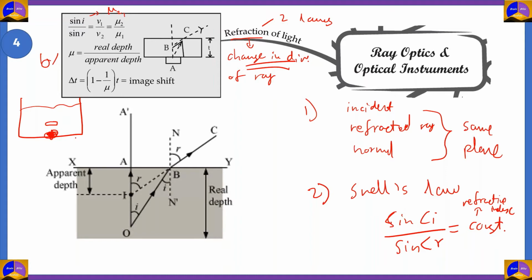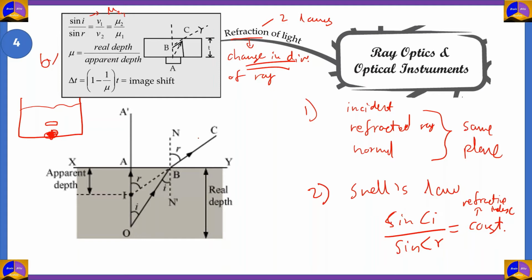So the image of the coin is getting raised up due to refraction. Because of this, the depth of the object that we see is not exactly its real depth. It's called the apparent depth. So using the difference between the real depth of an object and its apparent depth when viewed through a medium, you can find the refractive index as well.